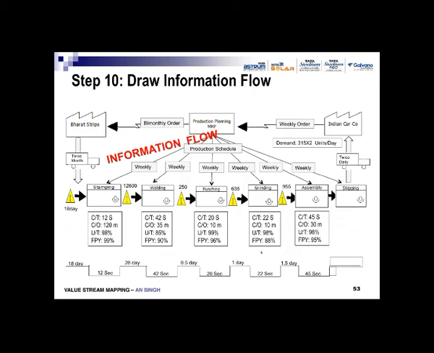They pass on information to the supplier. At the same time, the production planning department makes a schedule for each operation, shown by the arrow. A weekly schedule is made and sent to each operation, and they produce according to that. They follow blindly the production schedule made by the production planning department.